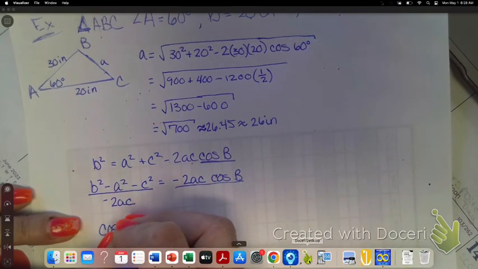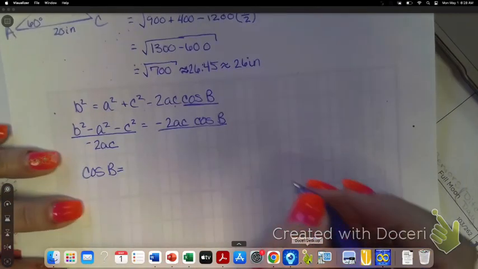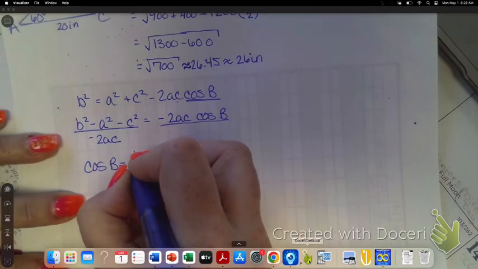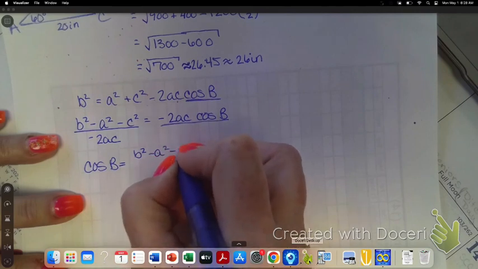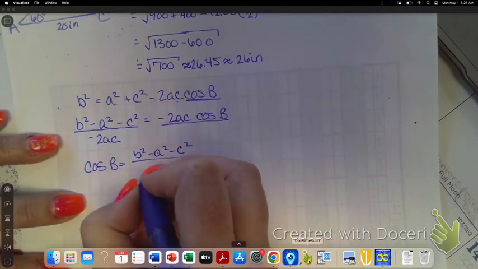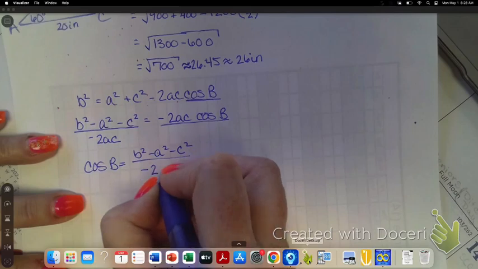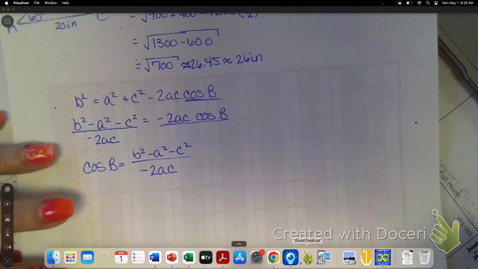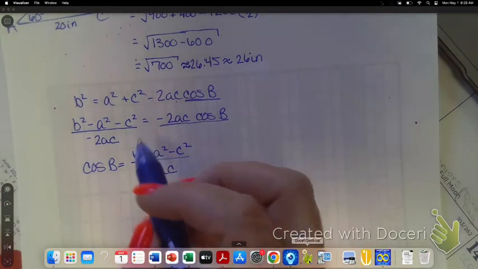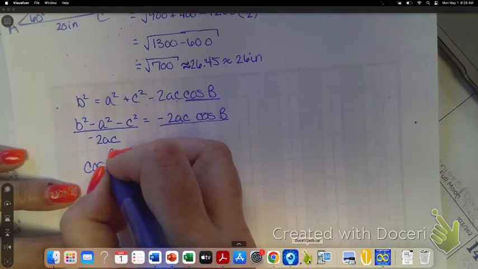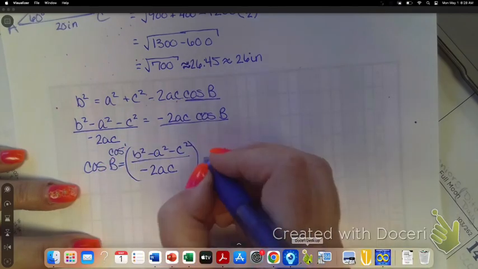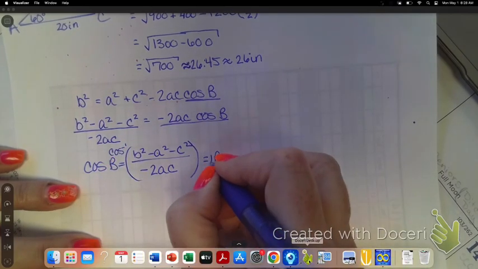So cosine of B is going to equal b squared minus a squared minus c squared over negative 2ac. And what would I do to get the angle? I take the what of it all? Inverse cosine to get just B.